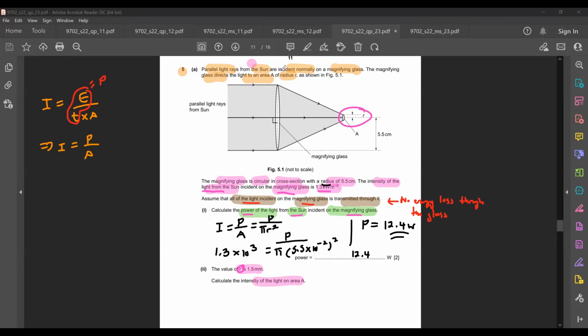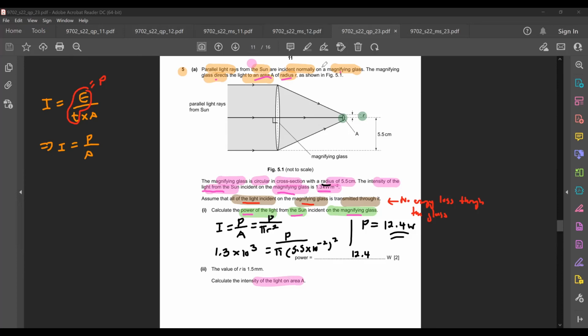This one is not a magnifying glass, it's just some area with a radius and an area. So this R is talking about that little part there. They want you to find out the intensity of the light on area A.